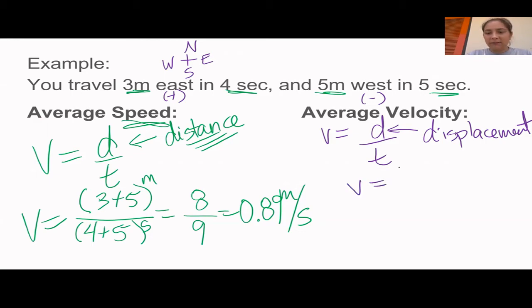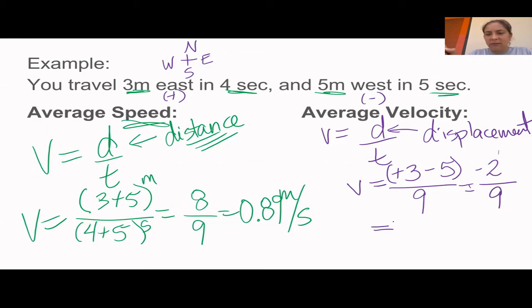So V equals, it's going to be positive 3 and negative 5. And that's going to be over time. Well, time is still 9 seconds, isn't it? I mean, it's still taking the same amount of time. Now we're just looking at direction with our meters. Let's see, 5 plus 3 minus 5 is going to be minus 2 over 9.